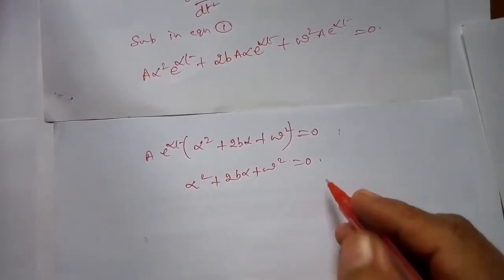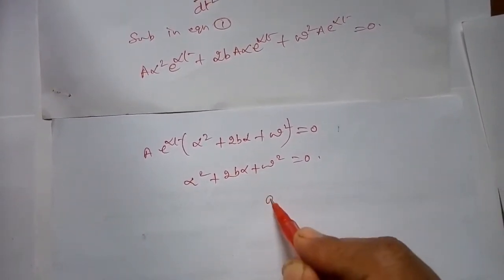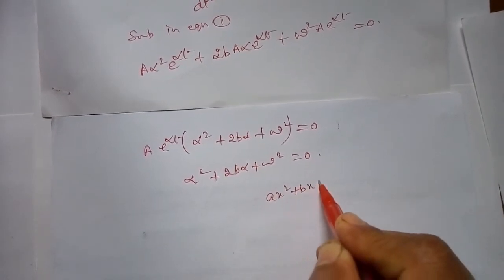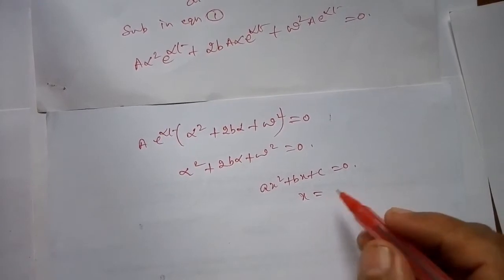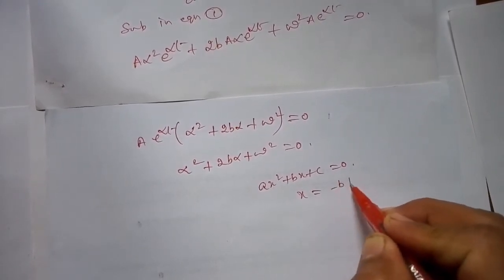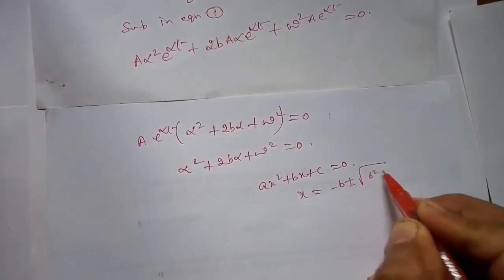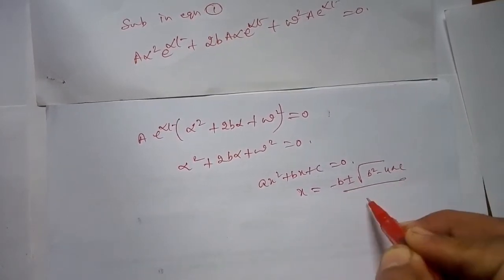This is of the form of a quadratic equation, ax² + bx + c = 0, whose solution is x = (−b ± √(b² − 4ac)) / 2a.